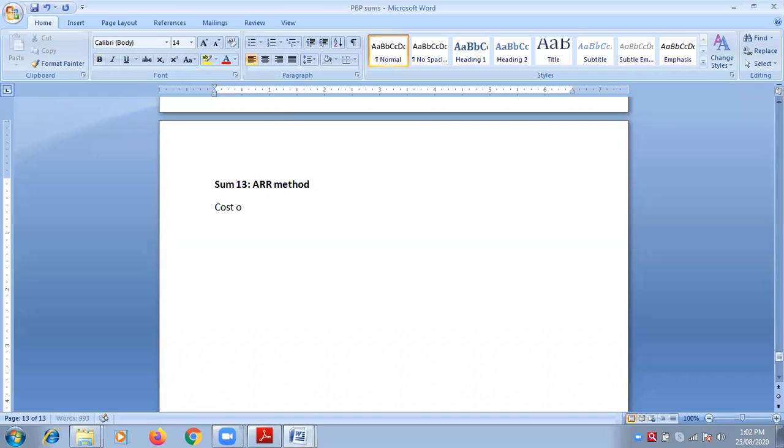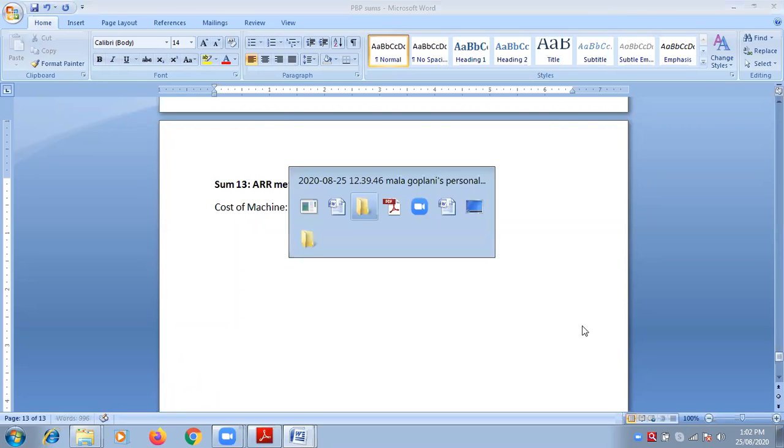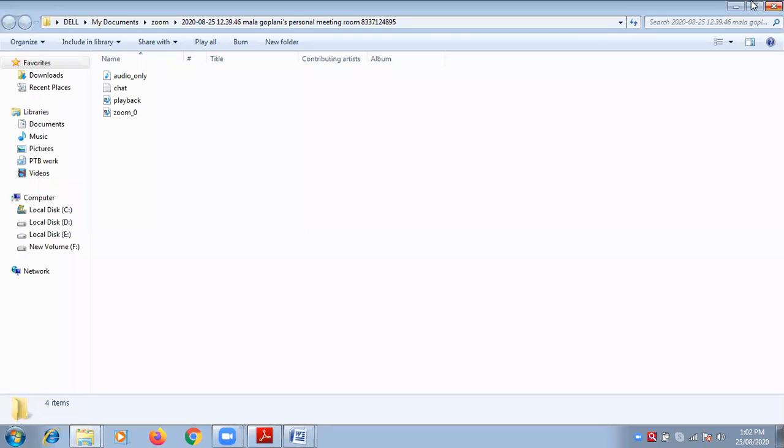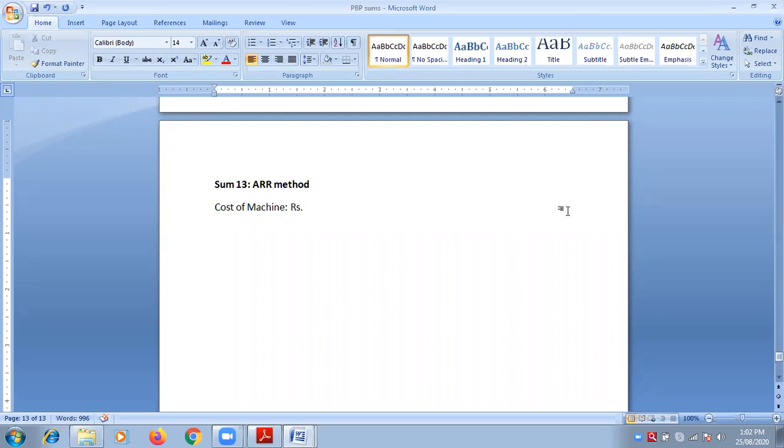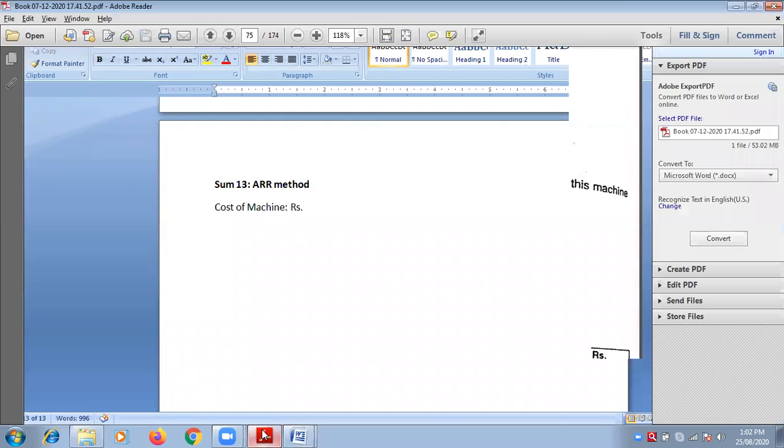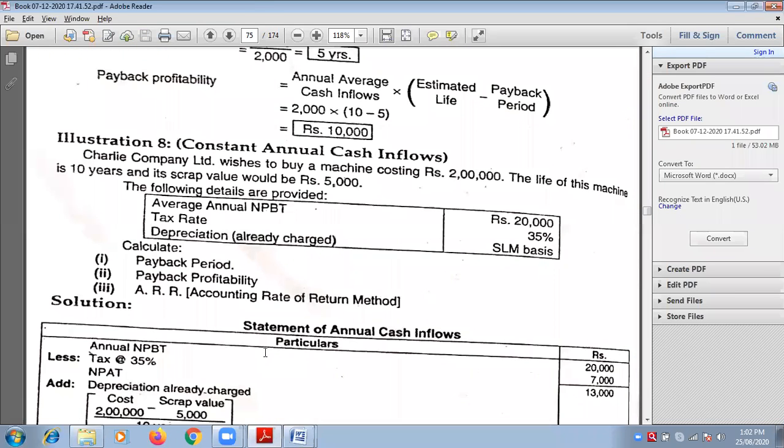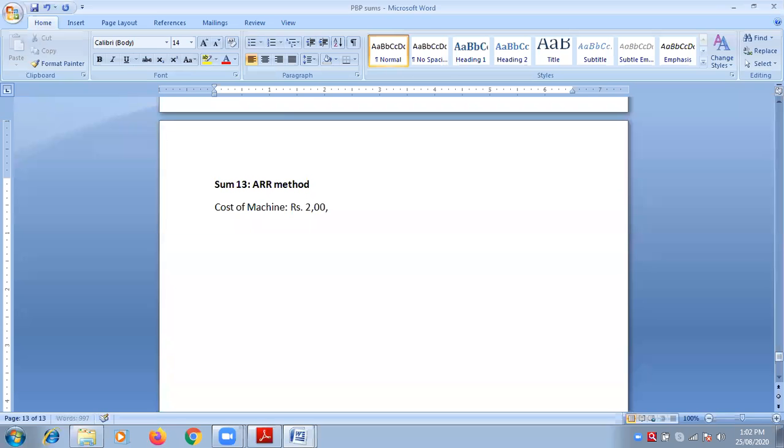Cost of machine is rupees 2 lakhs. Very good. 2 lakhs. Step number 1 is calculation of average net profit after tax.